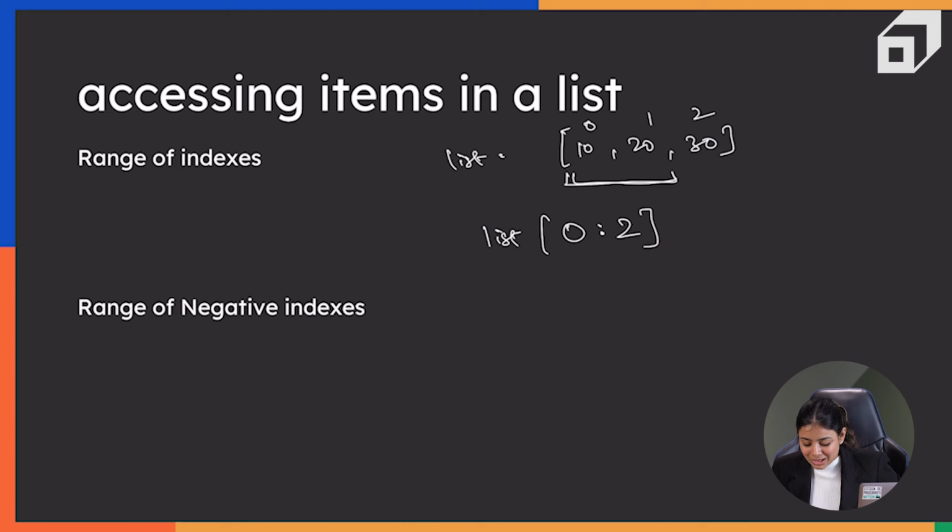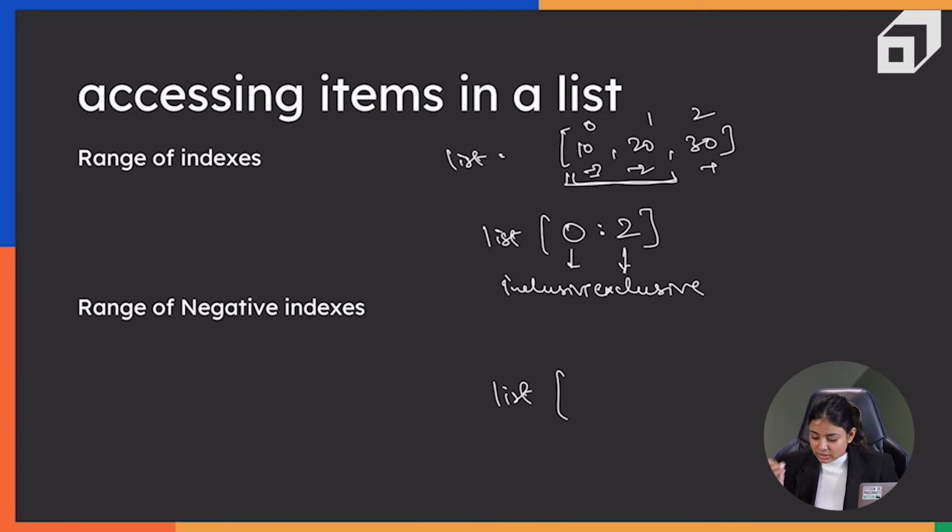But when we are putting indexes in a range, the ending point is exclusive and the starting point is inclusive. So basically this will give me the range of elements from 0 to 1 index. And similarly in negative indexing, if I want to have -1, -2, -3.